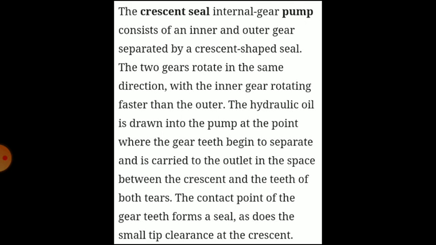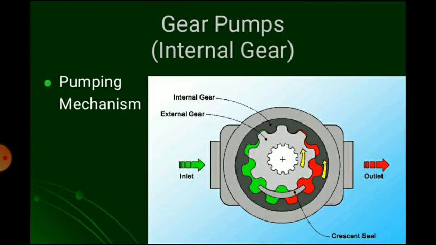Now we will see the operation. When the drive gear turns in clockwise direction, it rotates itself as well as the internal gear. The oil trapped between external gear teeth and crescent, as well as internal gear teeth and crescent, is carried away.